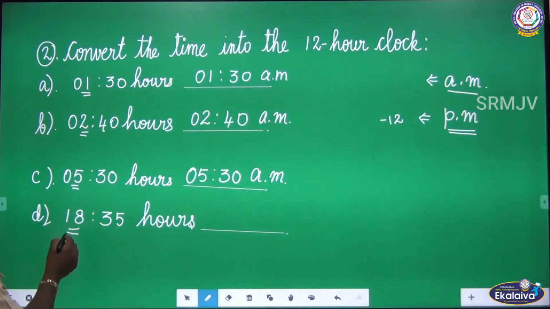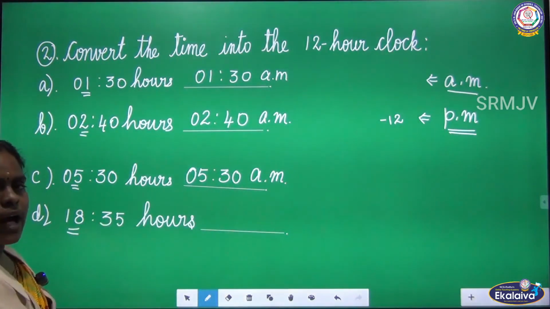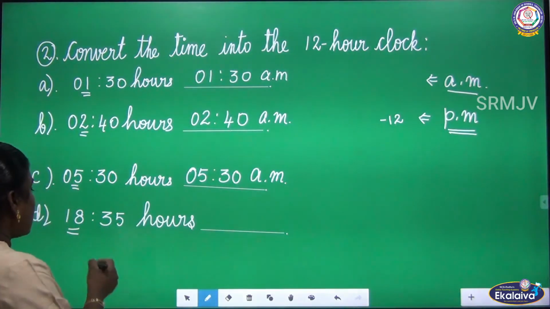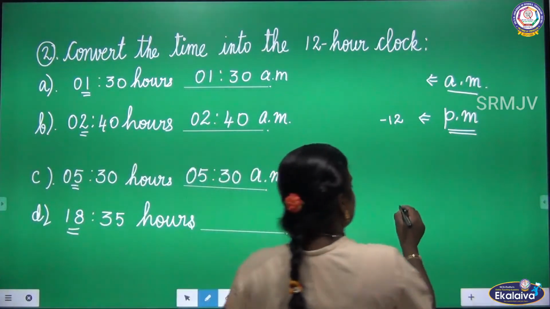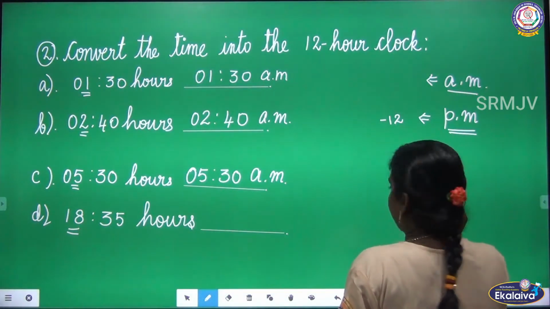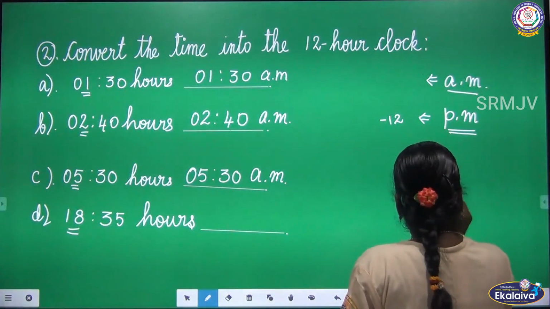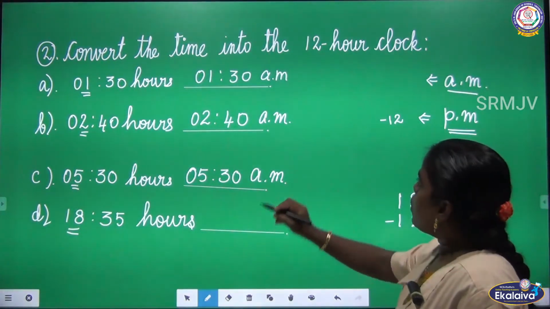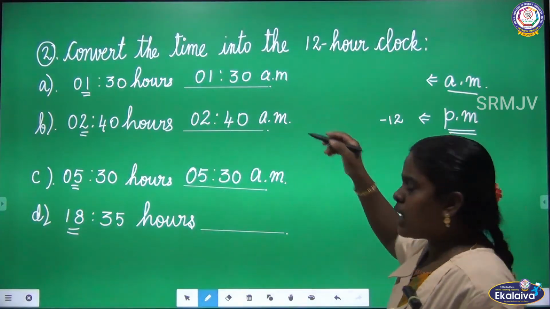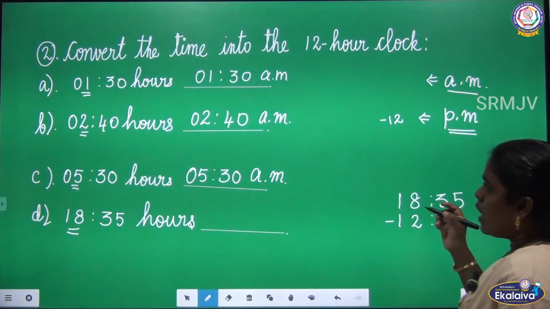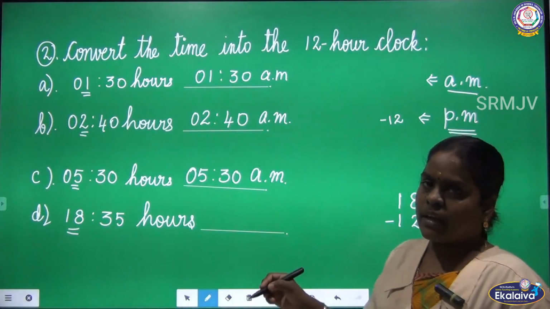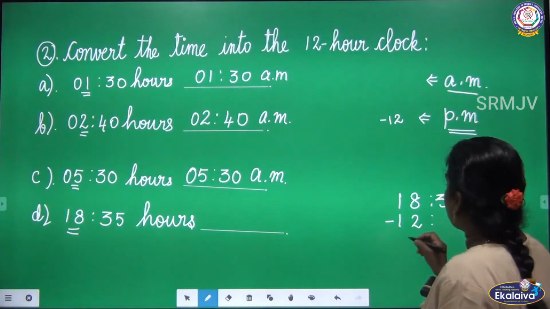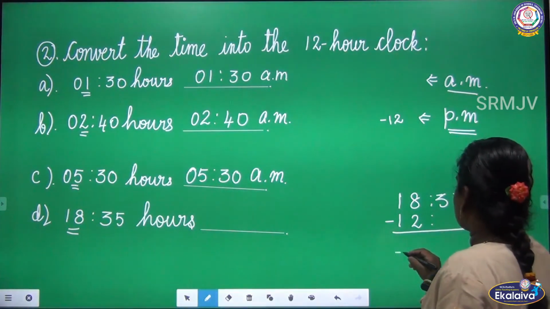Look at the next question. 18:35 hours. So 18 is greater than 12. So in this we are going to subtract 12 from the given time. To convert 24 hours into 12 hours clock time, you have to subtract 12. In the first Roman letter we have added, and in the second, to convert into 12 hours, you have to subtract 12.